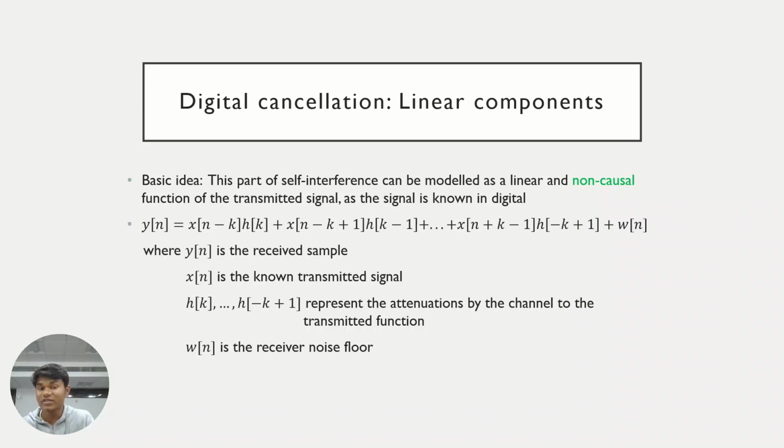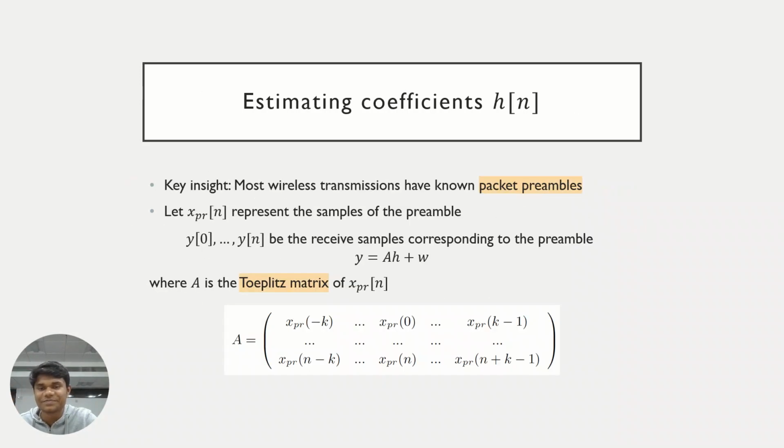This represents the attenuations by the channel to the transmitted signal, because whatever you are transmitting, the environment will cause some sort of attenuation to it, and by the time you reach it, its power level will surely have decreased. And w of n is the receiver noise floor, because we only receive signals which have power level greater than the noise floor of the receiver.